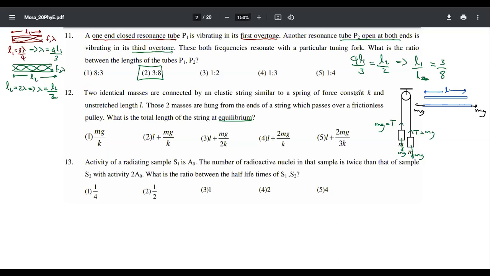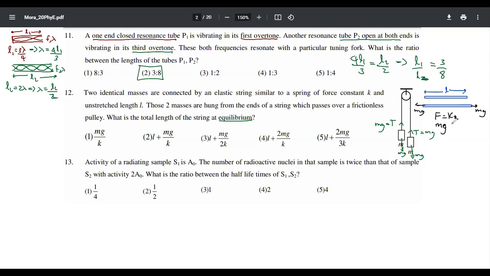Now, definitely we'll have to go for Hooke's law. So F equals Kx, where x is the extension. For F, what should I put? Should I put 2mg or mg?